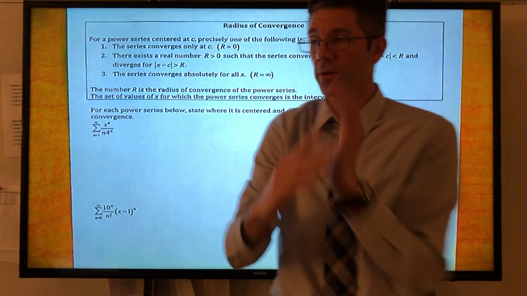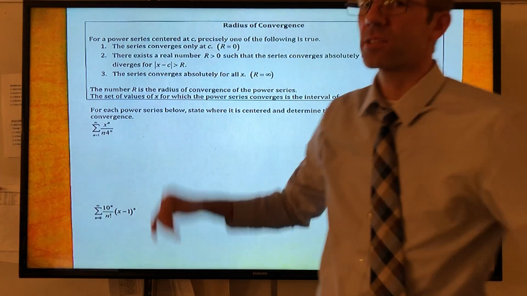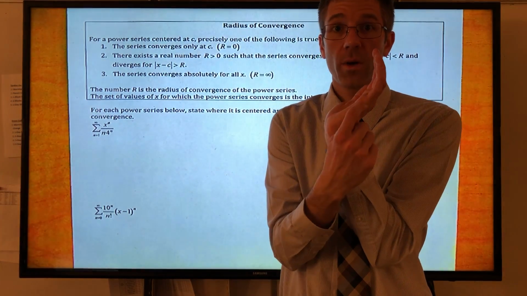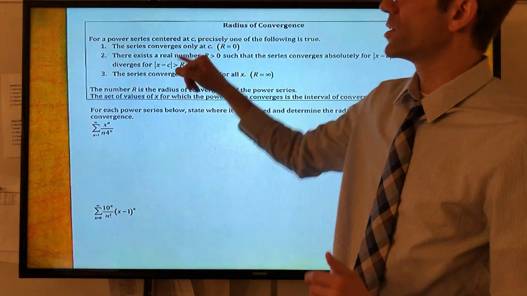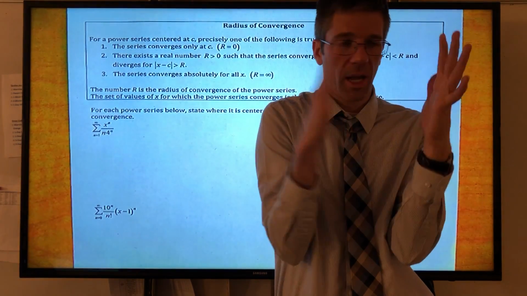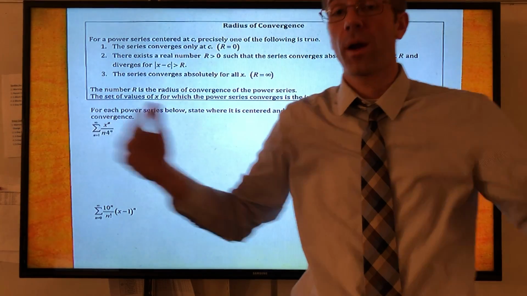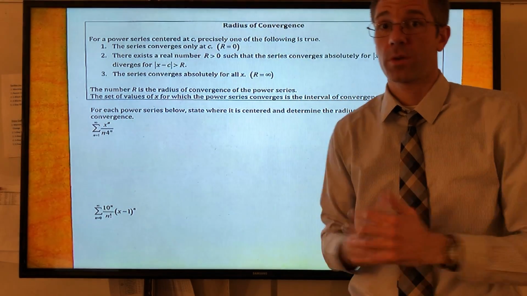It'd be perfect. Okay? So again, here are your three options. Maybe your series converges only at that one point where it's centered. Maybe it converges somewhere in some radius from your center, or maybe it converges everywhere. And you're going to see examples of all three as we work through some examples.